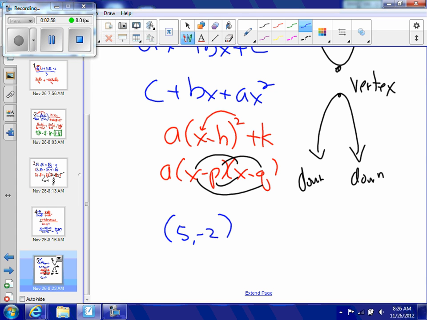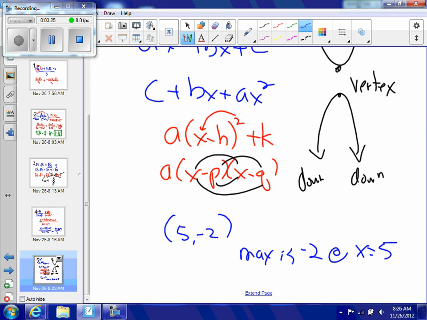If I say, what's my maximum, I might write: max is negative 2 at x equals 5. So I'm defining my maximum value as a y value. Or if that was a minimum, I would say my minimum is negative 2 at x equals 5, depending upon how that parabola opened up or down.